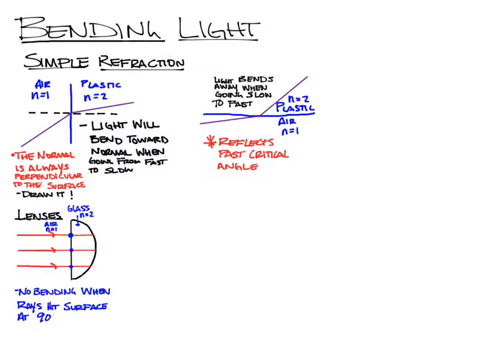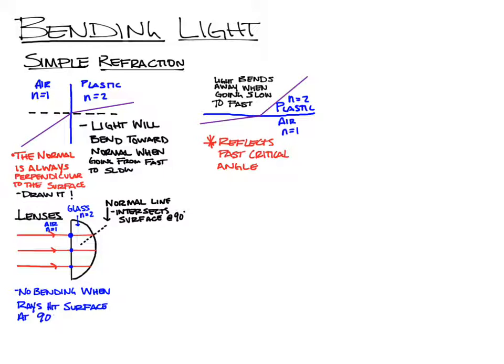Now, what's interesting is what happens because the surface of the glass is bent. We have to redraw our normal lines. Okay? Now we want to redraw it so that it intersects the surface at 90 degrees. So it's going to change. Because the surface bent, our normal line is not where it was before. Now, that's our normal line.